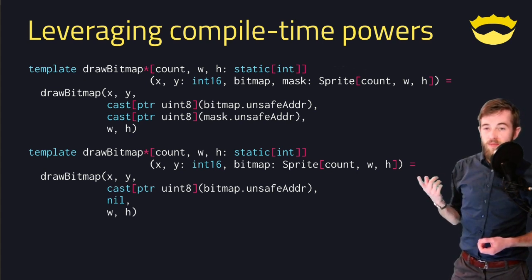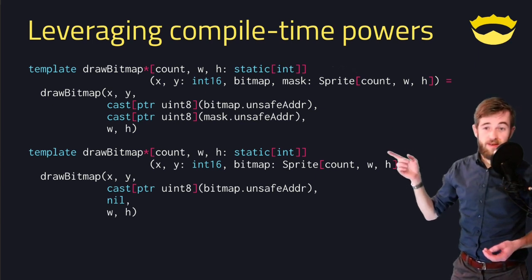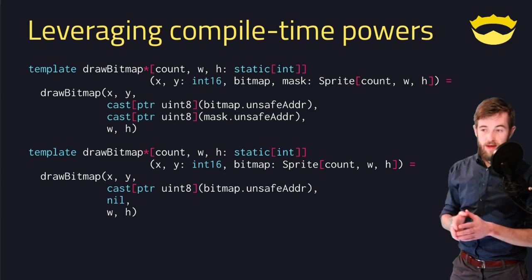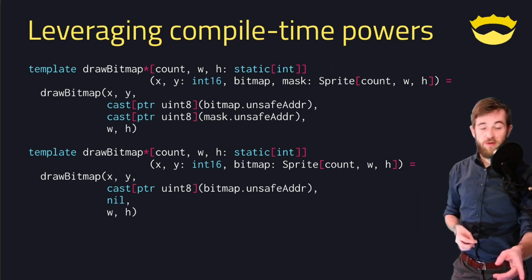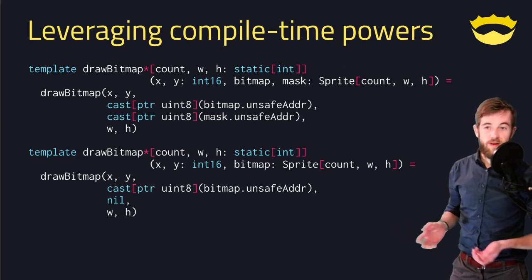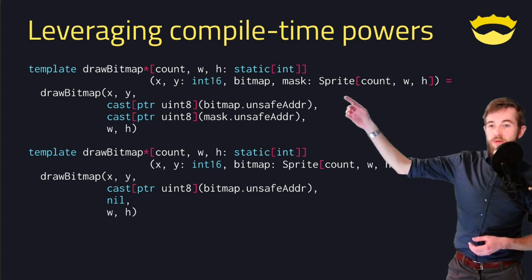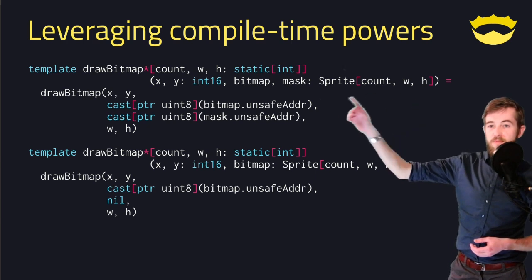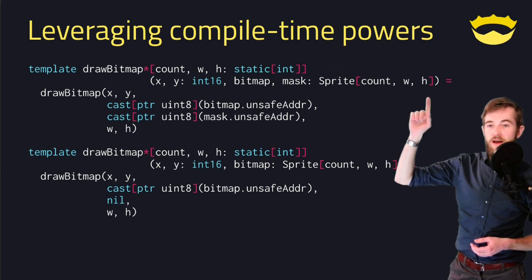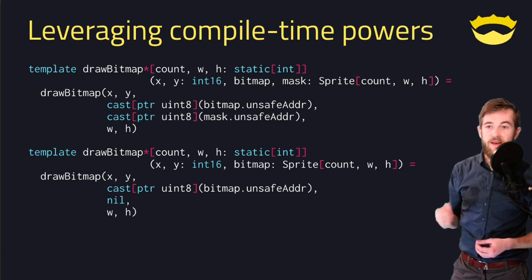The problem here is that if I pass in one pointer to an image of a certain size and another pointer by accident to an image of a different size, that will just give me super weird effects. Here, since bitmap and mask are both the same instance of this generic type, I know that their width and height will always match. The Nim compiler will stop me from passing in something wrong here.